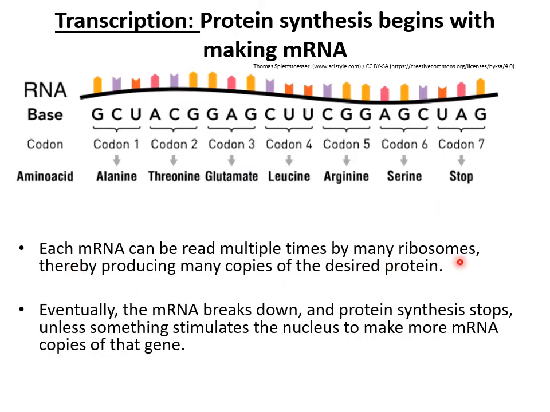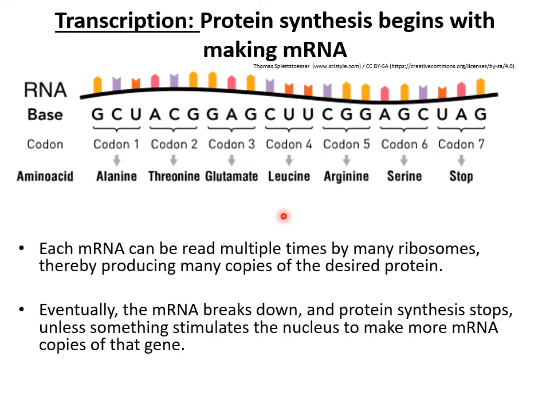So each mRNA can be read multiple times by many ribosomes. We could have one ribosome over here and another ribosome down here. So you can make multiple copies of the protein from one mRNA. Now, mRNAs don't last forever. By design, they're very fragile and will only last a certain period of time. So in order for a cell to keep making tons of this protein, it has to make new copies of mRNA.